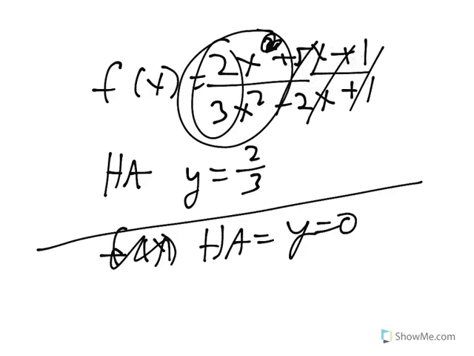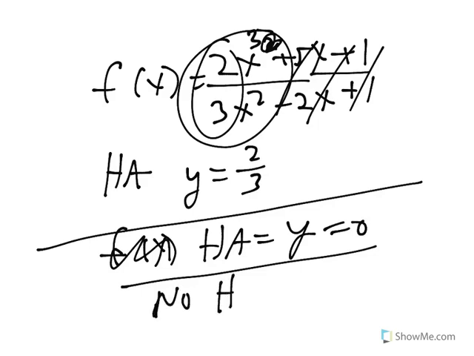And if this top exponent were bigger, if this was a 3 up here, we would say that it doesn't have the horizontal asymptote in this case.